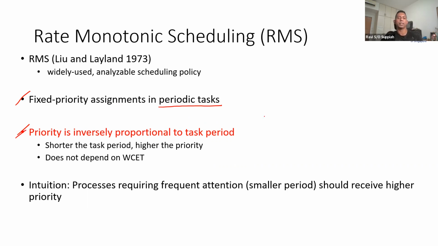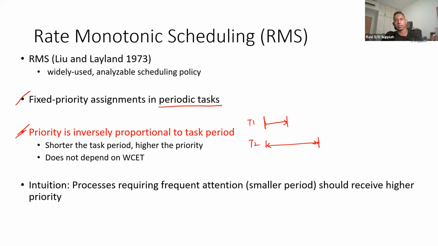Okay, why is this so? Because when the task period is short, that means, if I have 2 tasks, task 1 with this periodic interval, and task 2 with a longer periodic interval, then task 1, with the shorter periodic interval, is repeating itself a lot faster. If it's repeating itself a lot faster, it needs more immediate attention from the processor to complete its task before the next periodic interval kicks in, compared to task 2, which has more time to complete, so it can afford to wait a bit longer.